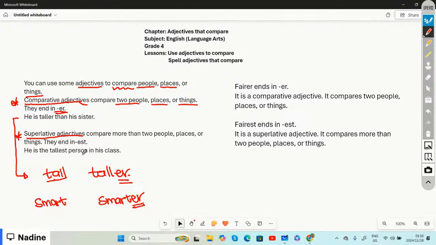The superlative adjective compares more than two people, more than two places, or more than two things. And once we compare more than two, our superlative adjective ends in est.